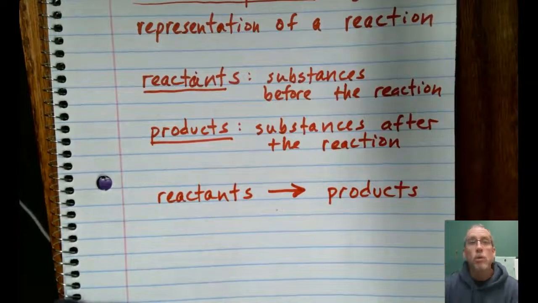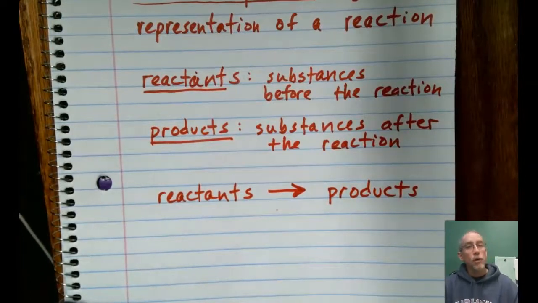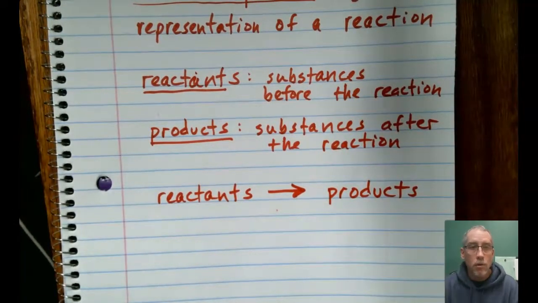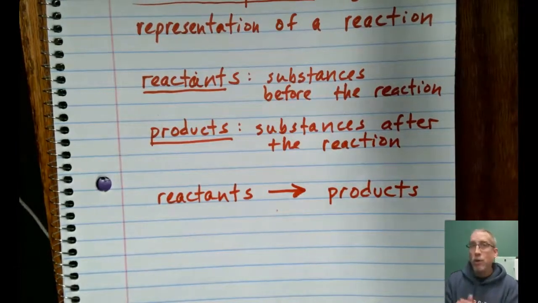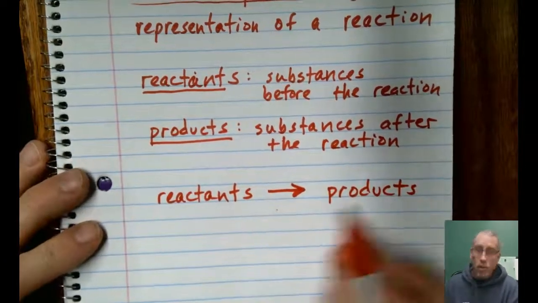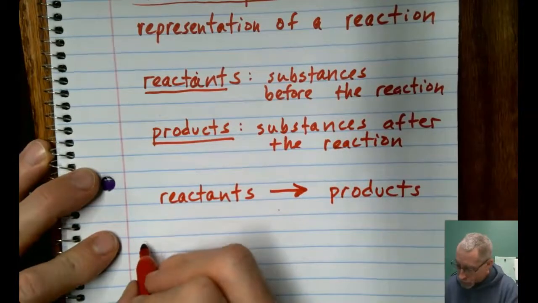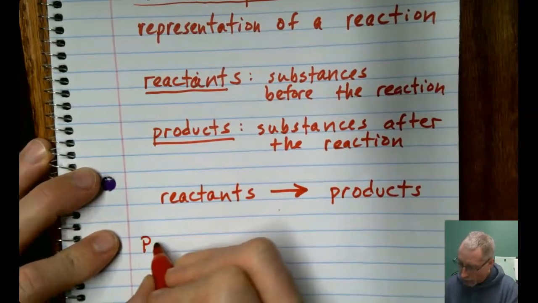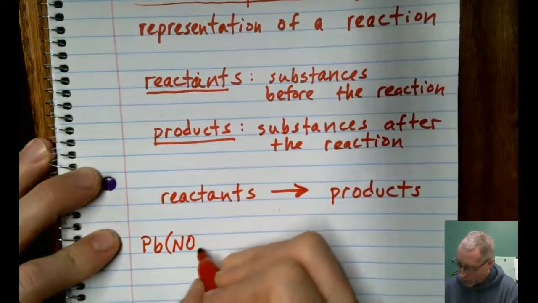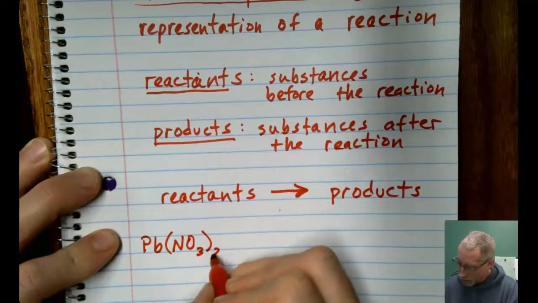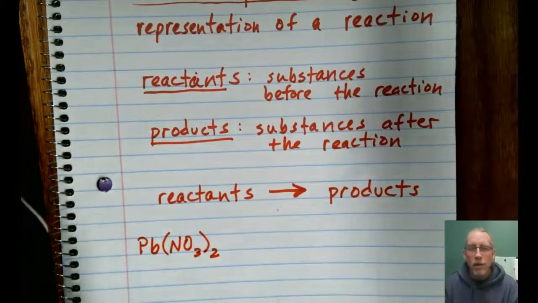So let me show you the two equations that will go along with the reactions that I just did as a demonstration. The first was the lead nitrate and the potassium iodide reacting together. Now I would not expect you to know this part, but I'm just going to show you what the reactants and the products look like. So the lead nitrate looks like kind of a complicated formula. It's got some formats there with the parentheses that you're not familiar with.